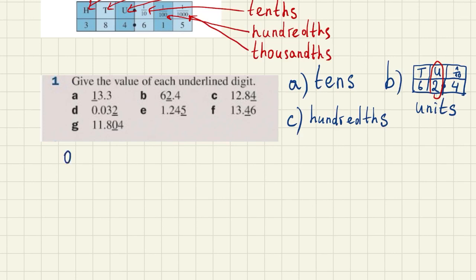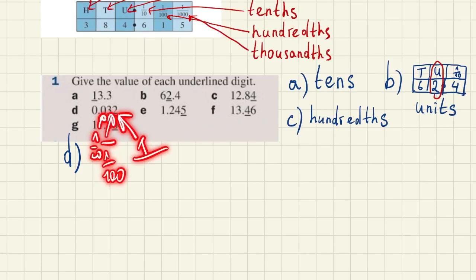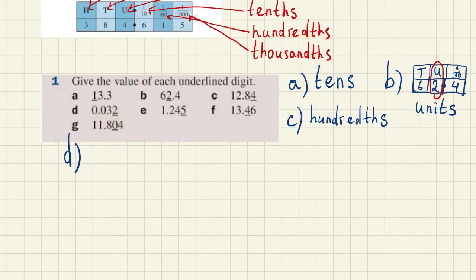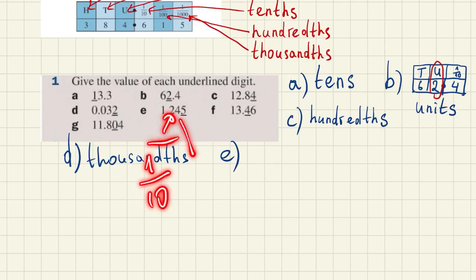In D, we go 1/10, 1/100th, and then finally we get to thousandths, right? So in D we have thousandths. In E, 1/10, this is hundredths, right?